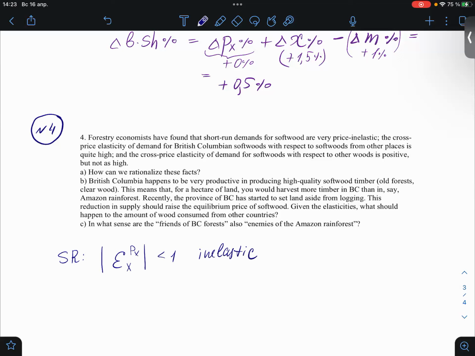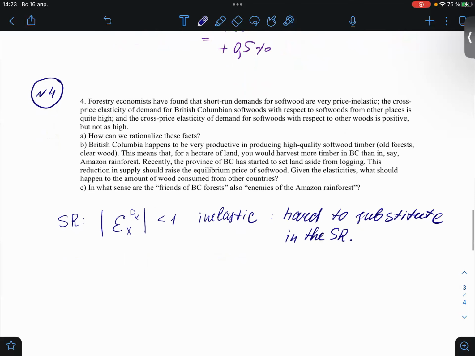That means that it is hard to substitute any softwood with something else in the short run. We do not have so much time to substitute with something else. Next.